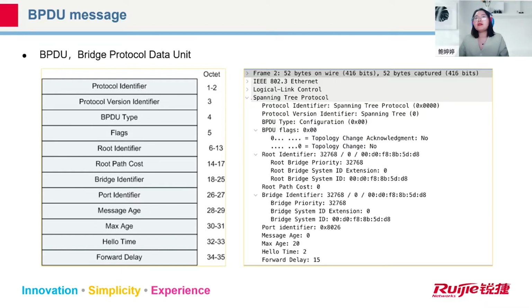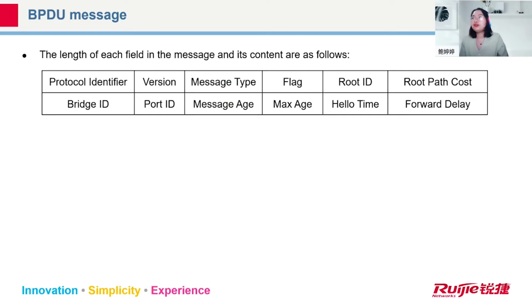The STP is encapsulated into IEEE 802.3 Ethernet. This is the data link layer protocol. And we can focus on some STP parameters like the protocol identifier, BPDU type, flags, something like this. And also we have some ages to limit the STP to finish the convergence, something like this.